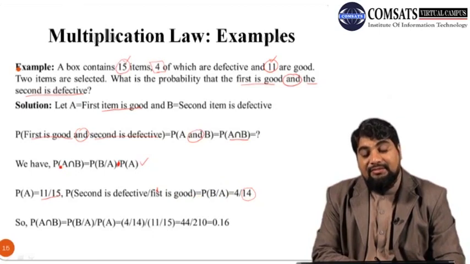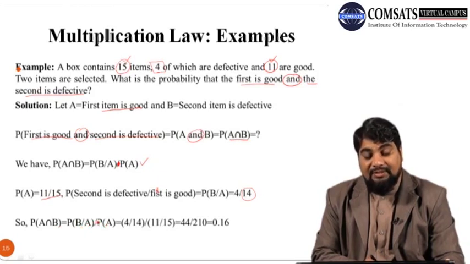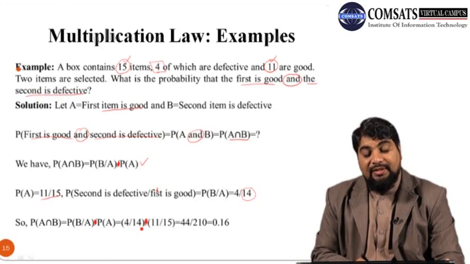So the probability of A intersection B will be P of B given A times P of A. So just multiply these two numbers: 4 over 14 times 11 over 15.